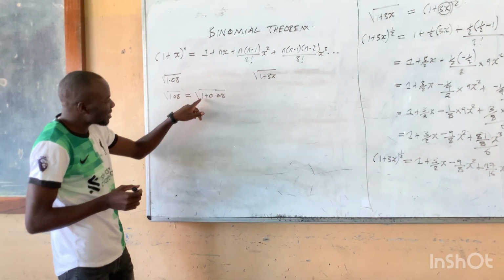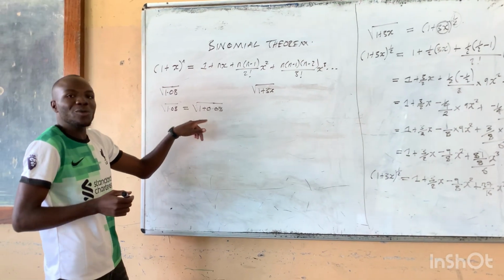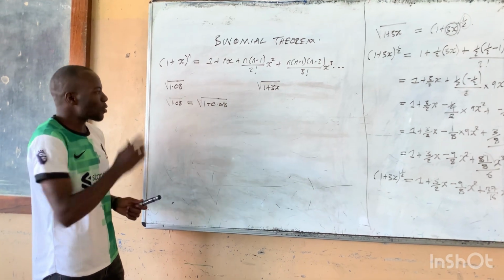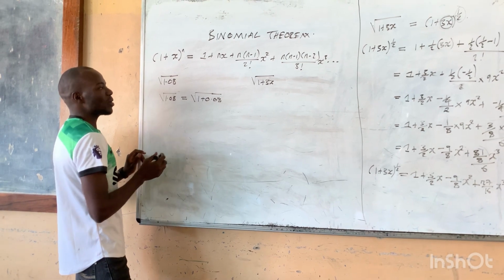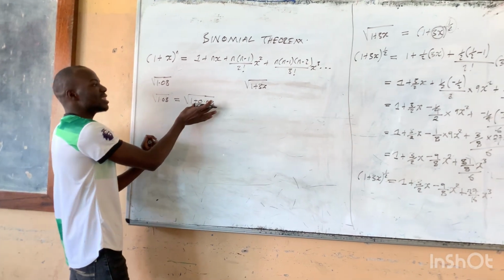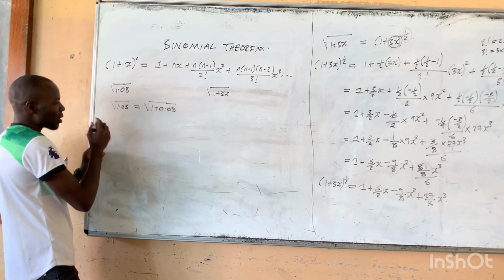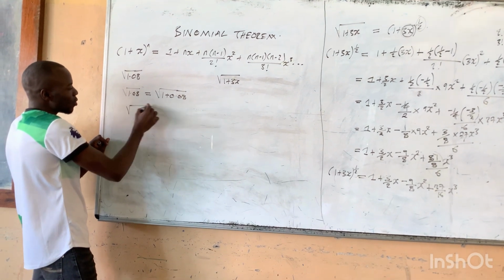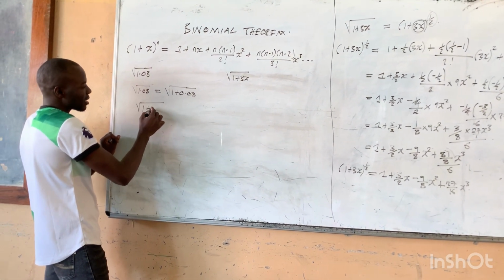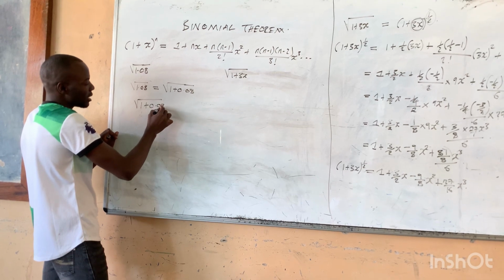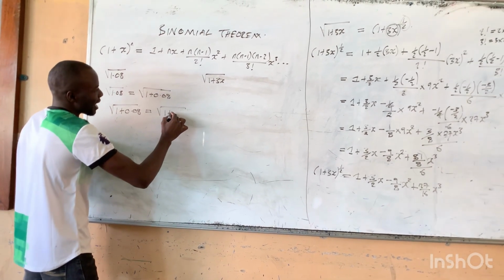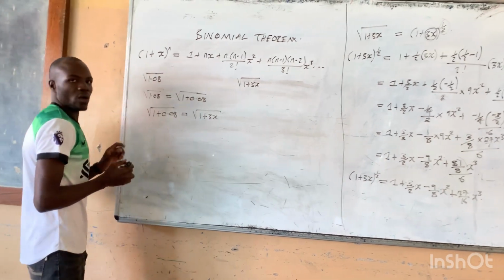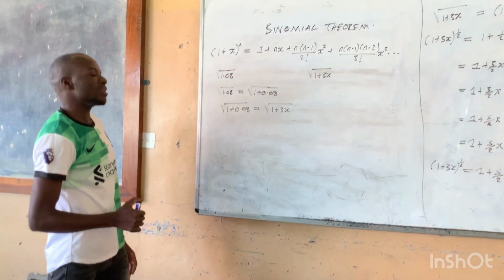Since we've written it in that form, let us equate this one to that one. So the square root of 1 plus 0.08 is equal to the square root of 1 plus 3x.